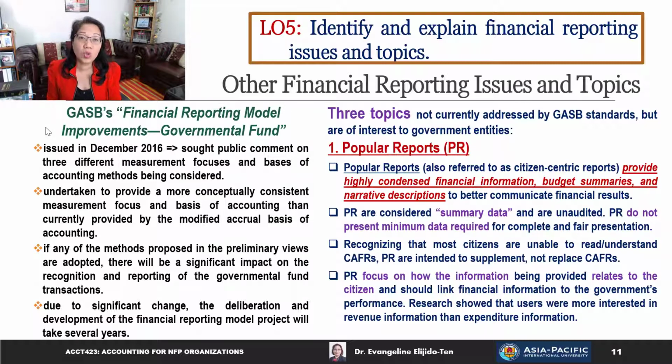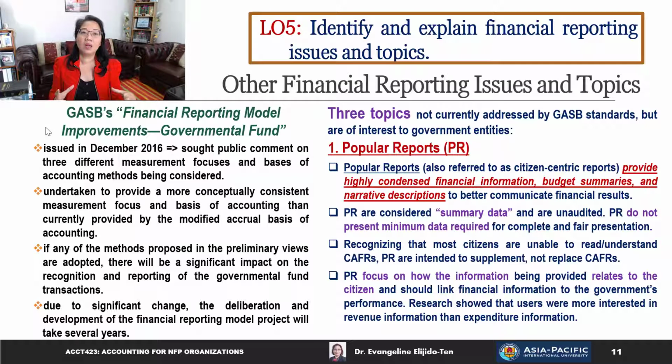These are also known as citizen-centric reports. They provide highly condensed financial information, budget summaries, and narrative descriptions to better communicate financial results. Now, popular reports are considered summary data.